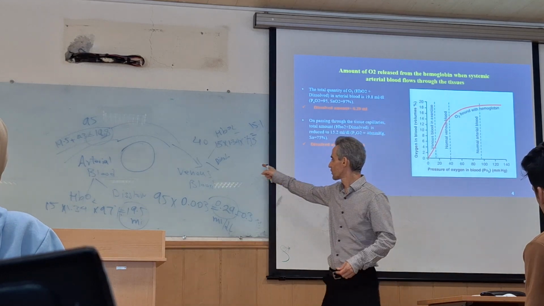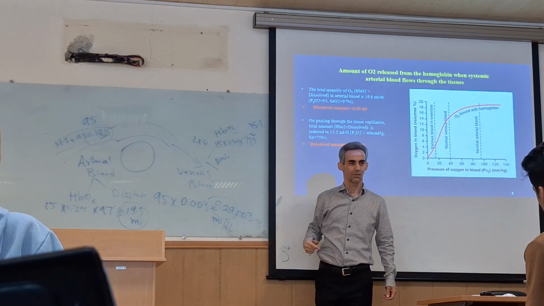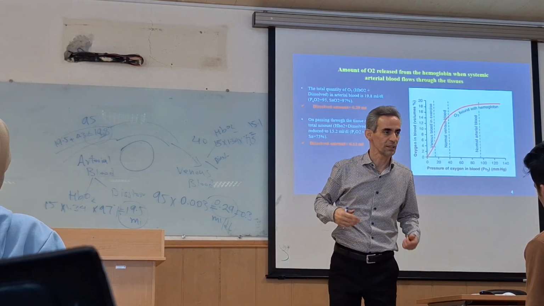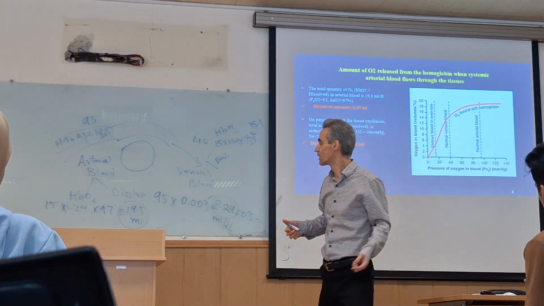The remaining is dissolved. For dissolved, again I can use this formula. But in venous blood the oxygen pressure is not 95, it is very much less, it is 40.